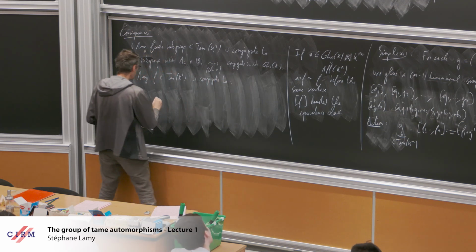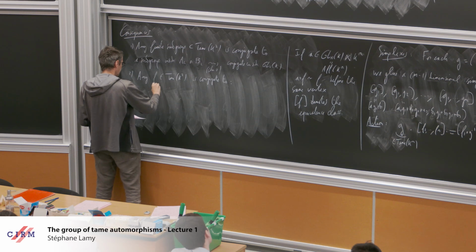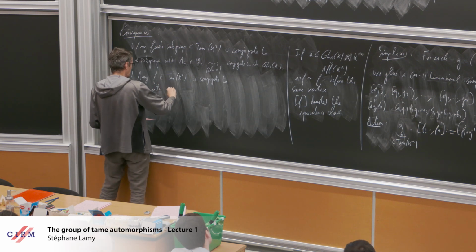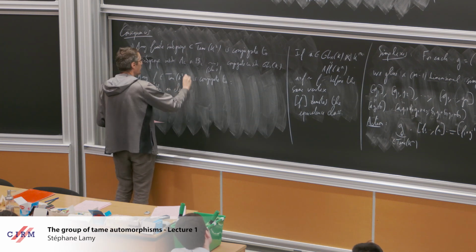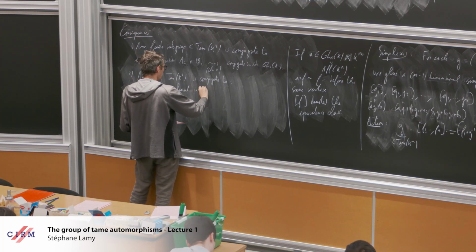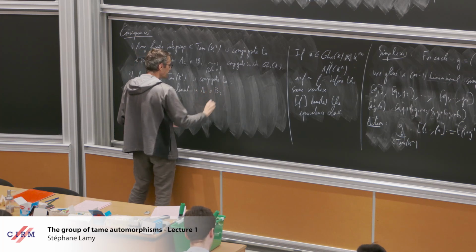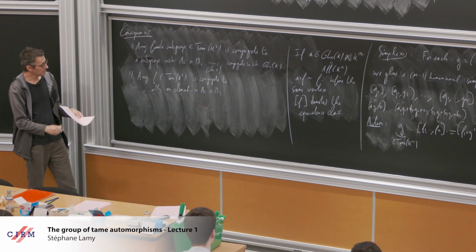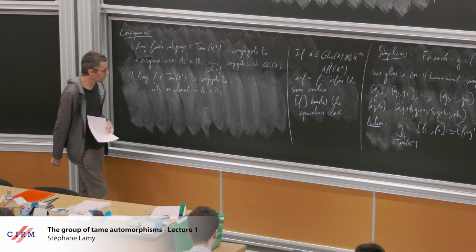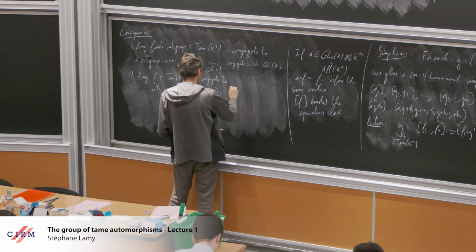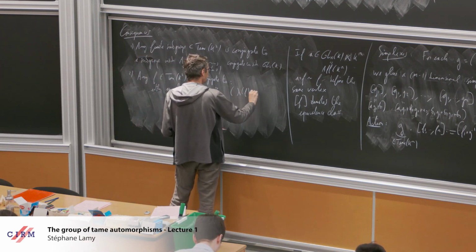It's conjugate to either an element in one of the stabilizers, in A2 or B2. And then in both cases, you see that the degree is always the same when you iterate, so the dynamical degree is 1.